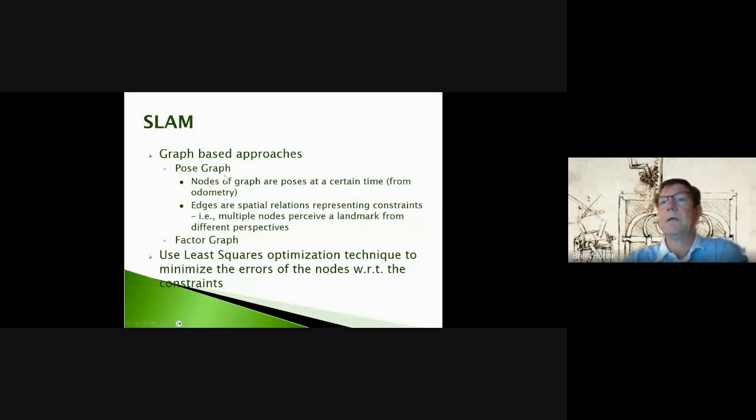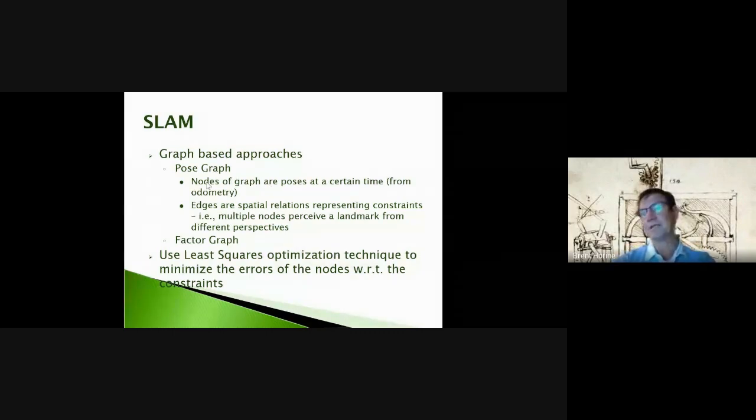So in the pose graph, I should maybe briefly explain what a graph is. I think hopefully most of y'all have some idea of what a graph in computer science is, but I'm not sure in the electrical engineering or even computer engineering curriculum if it's covered explicitly.